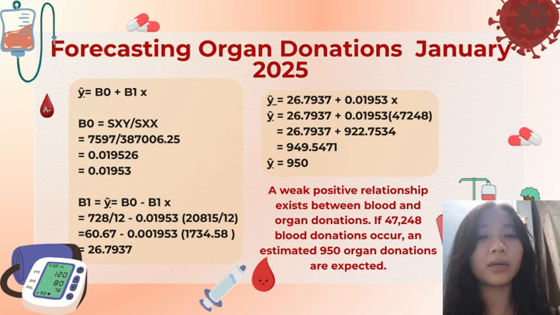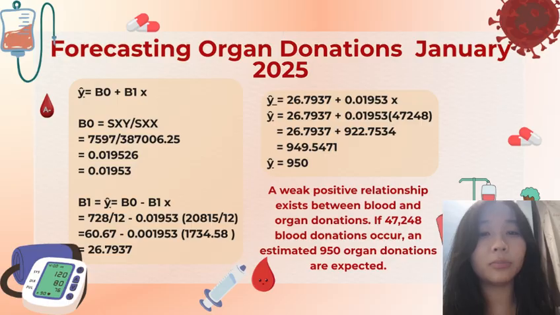Next, we find the intercept B0. We calculate the average value of y and x. Average y equals 728 divided by 12, and the answer is 60.67. And the average x is 20815 divided by 12, and the answer is 1734.58.